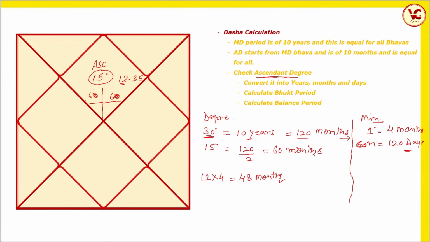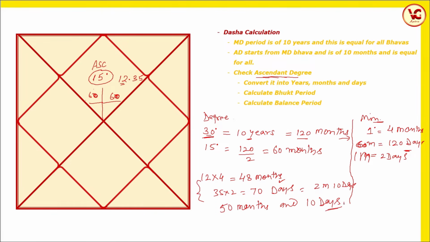Now for 35: 60 minutes is equal to 120 days, so 1 minute will be 2 days, because 120 divided by 60 is equal to 2. So 35 into 2 is equal to 70 days, or we can say 2 months 10 days. So in total he has bhukt 50 months and 10 days.